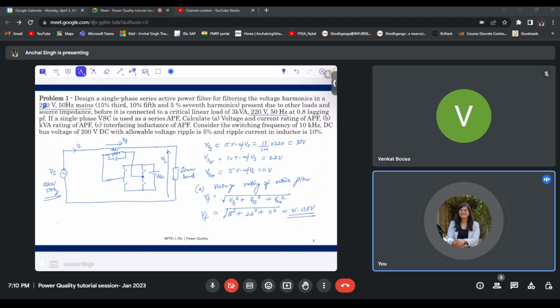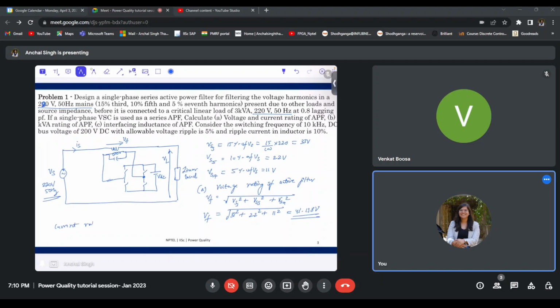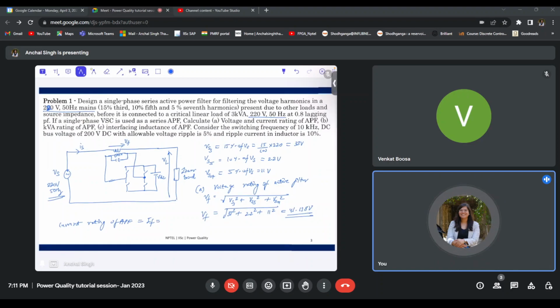And for the current rating of active power filter, I can call it IF, and it will be equal to, we are given the kVA rating of the load.